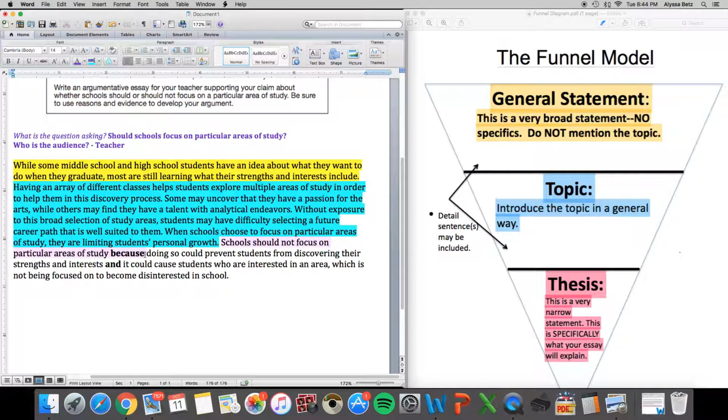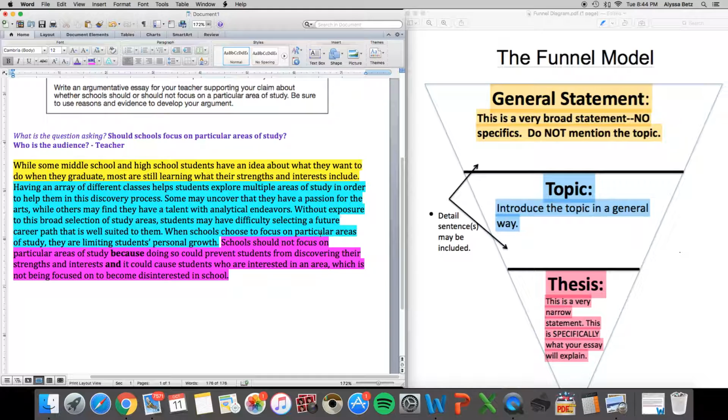So number 1, I put, doing so could prevent students from discovering their strengths and interests. And I need more reasons to back me up. So I'm going to do a second reason. And it could cause students who are interested in an area which is not being focused on to become disinterested in school. This whole piece here is what's called my thesis statement. I want to highlight this so it goes with this funnel model.